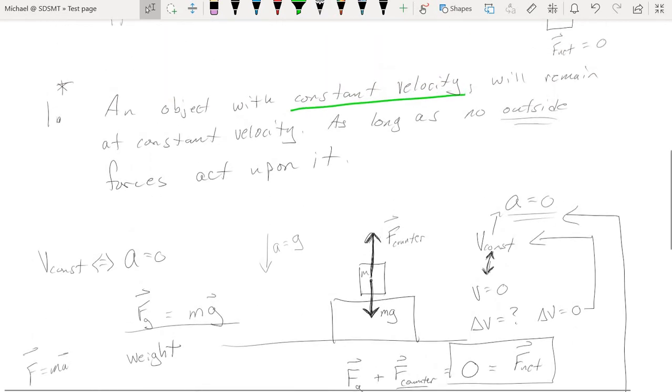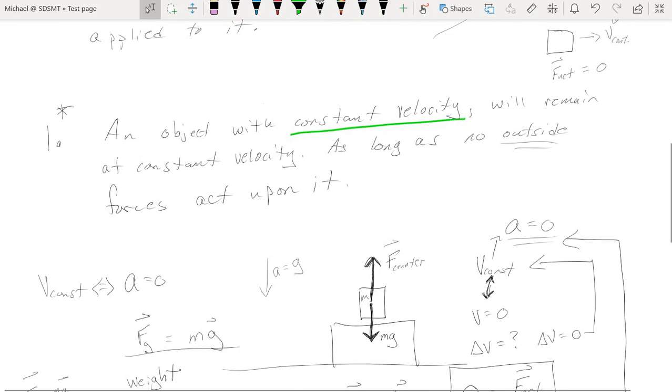And so we'll come up here and we're going to modify this yet again. So I'll put an even bigger asterisk there. An object with constant velocity will remain at constant velocity as long as we've seen now that we don't have to completely eliminate all forces from the system.